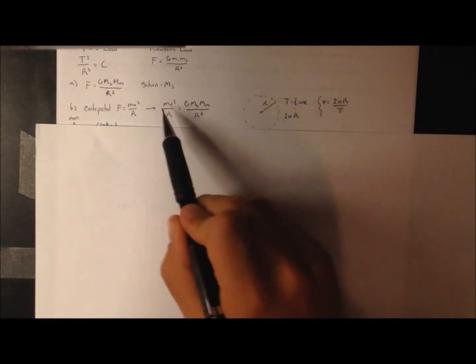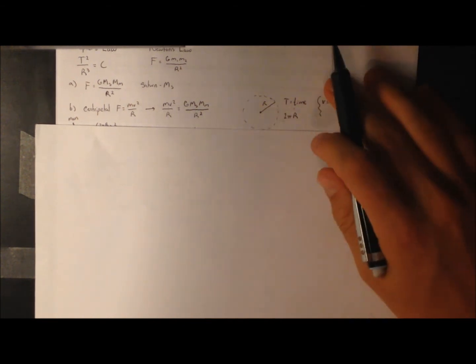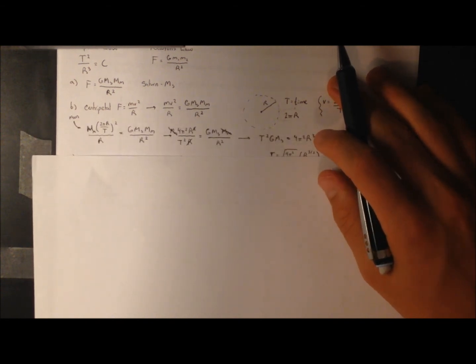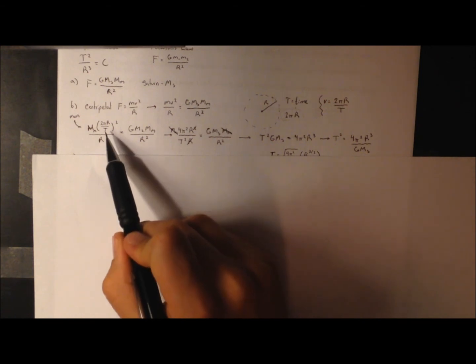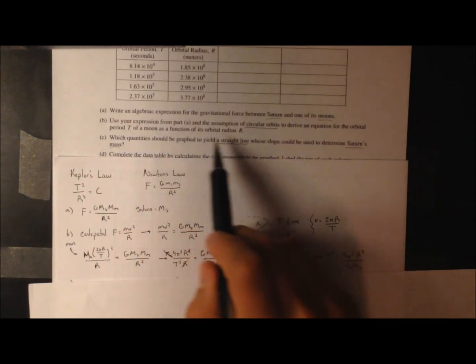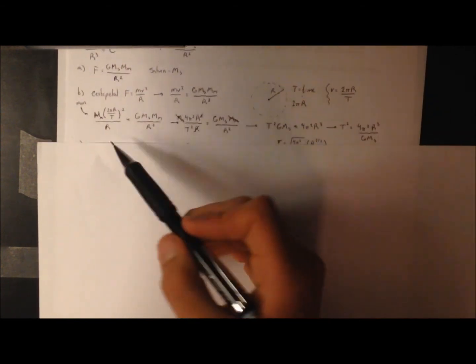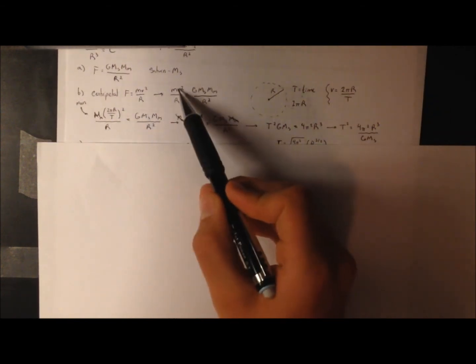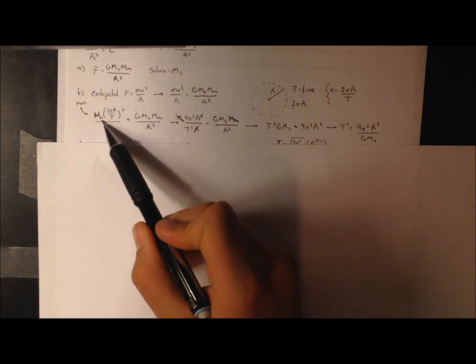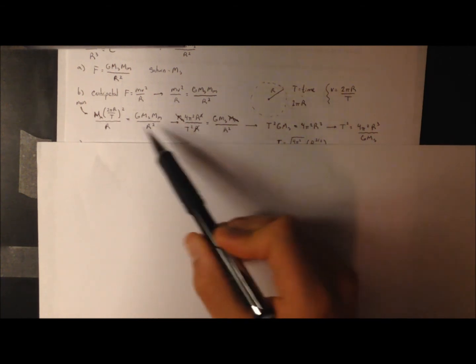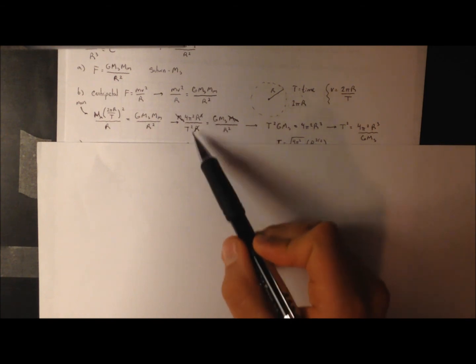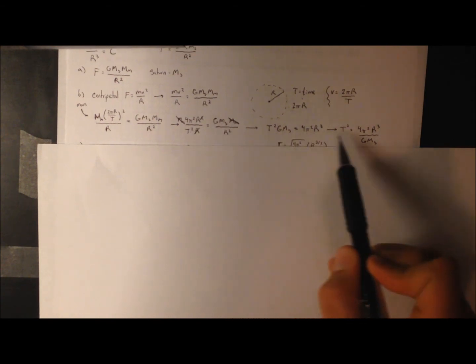Now we take that value and fill it in for v squared, which I did here, and you can begin solving for T, the period as a function of r. This mass right here is the mass of the moon, and it appears on both sides, so you can cancel it out. You start doing some math, square all this, cancel some more stuff out, and eventually you get to here.